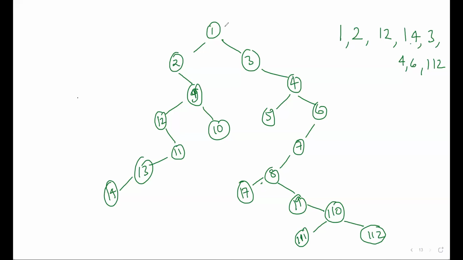Let us write their horizontal distances. This is at 0, minus 1, 1, 2, 1, 3, 2, 1, 0, 2, 3, 4, then 2. This is minus 1, this is 0, minus 1, 1, 0, minus 1, minus 2. Now tell me.